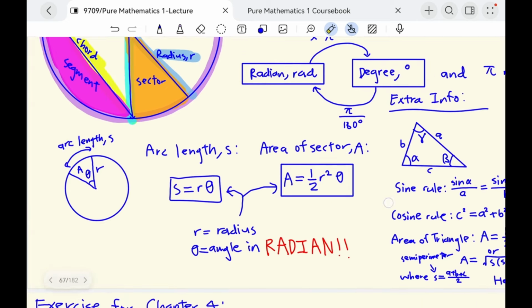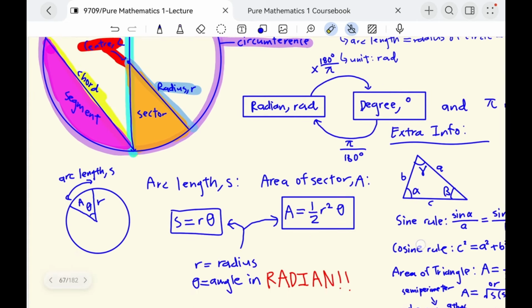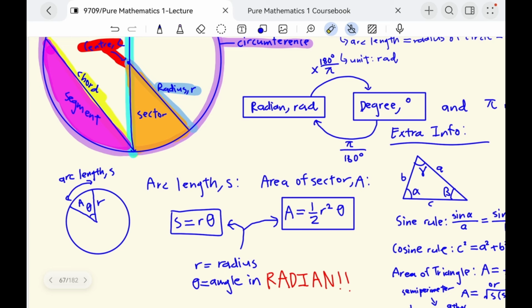Another part is the arc length, just like what I mentioned just now. So how do we find the arc length? It is the radius times theta, where theta is the angle in radians only. Please understand and familiarize yourself with these two formulas.